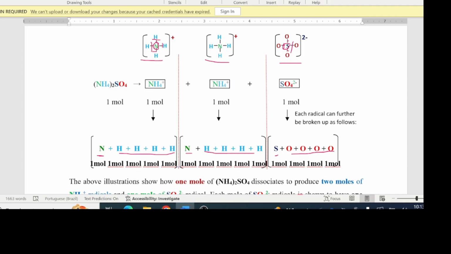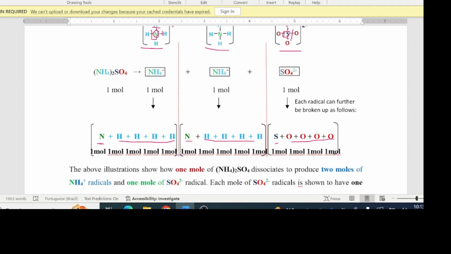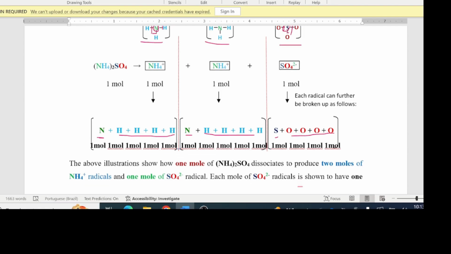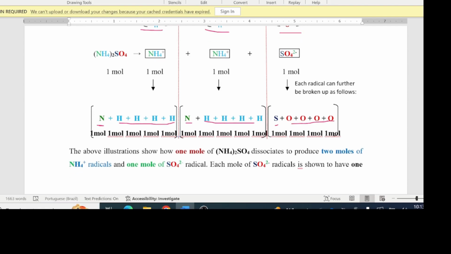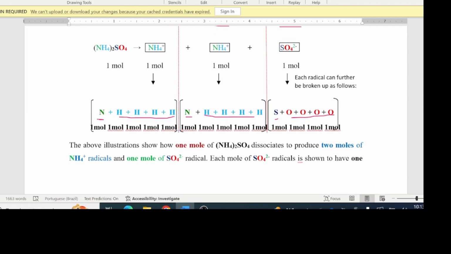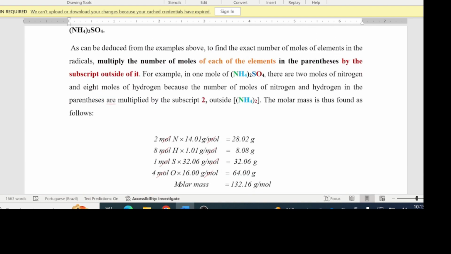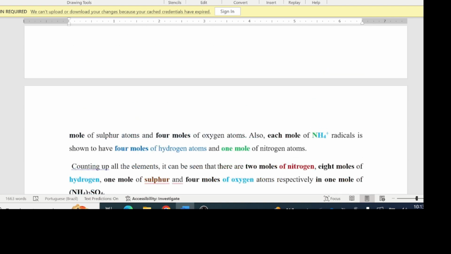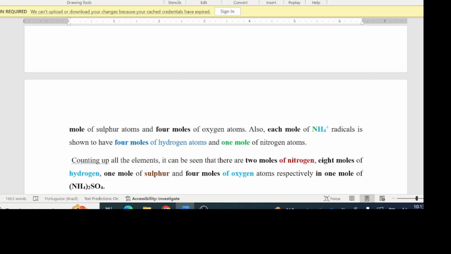So what you do now is that you do it in the condensed way again. Find the mass of 2 moles of nitrogen, all right, 8 moles of hydrogen, 1 mole of sulfur, and 4 moles of oxygen. Okay, same thing we're saying here. You can read that if you want to see some more explanation of what is happening there.